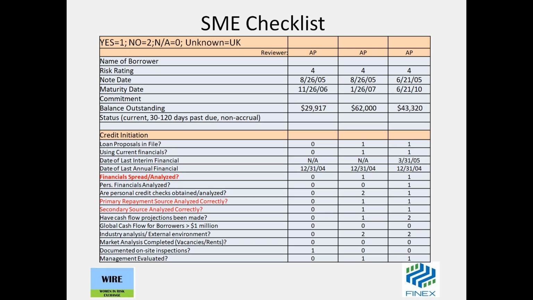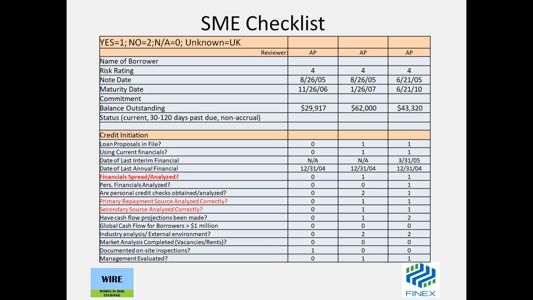Under credit initiation, I want to give you a few questions that maybe will show you the difference between loan review and internal audit. The first is highlighted: financial spread and analyzed, and the second one, primary repayment source analyzed correctly. Those go together, okay?